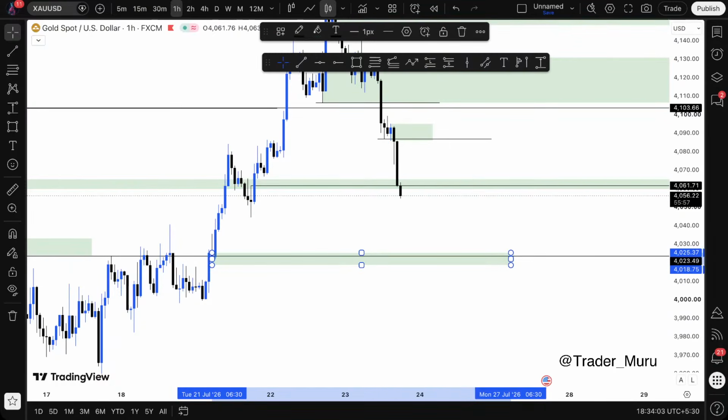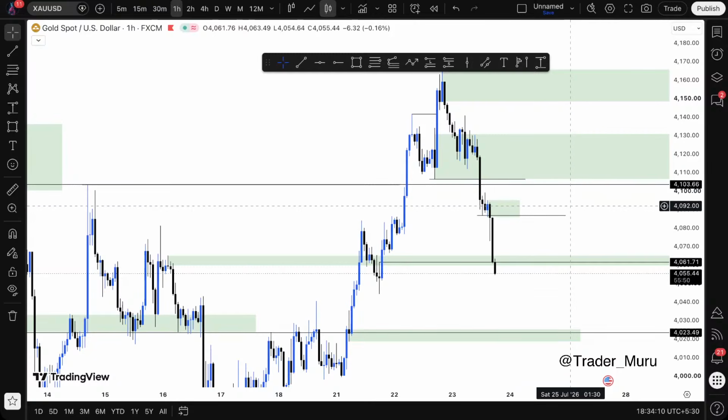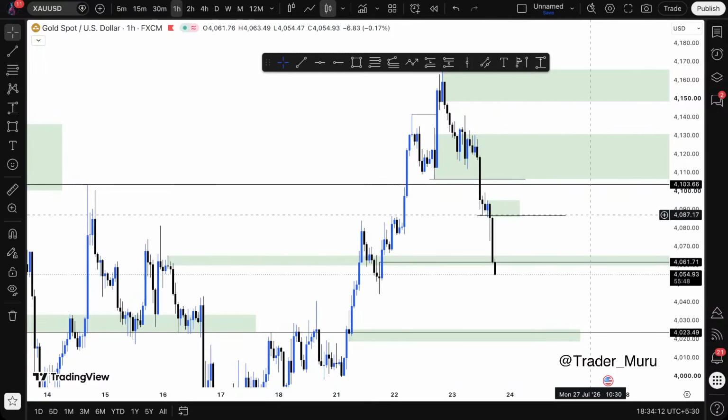Buy near 25, stop loss 18 for this high, target 4100. Wait for test first.